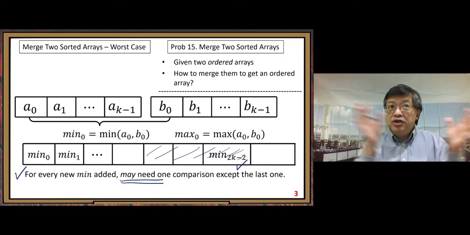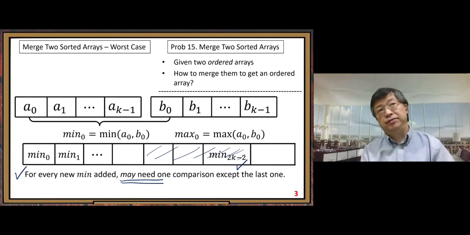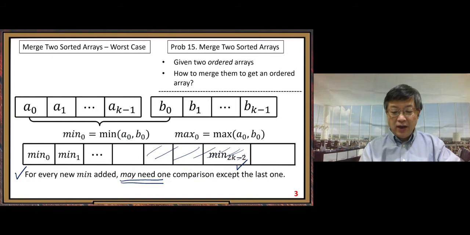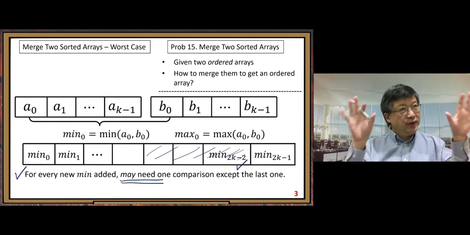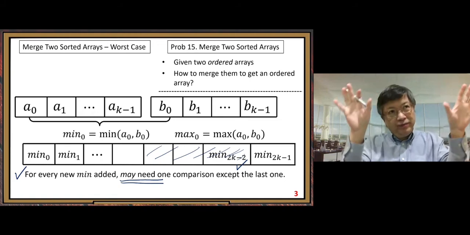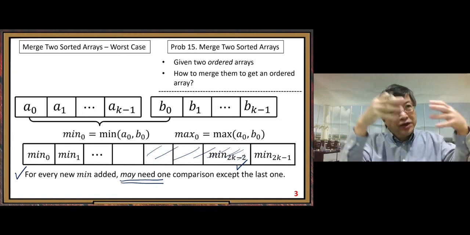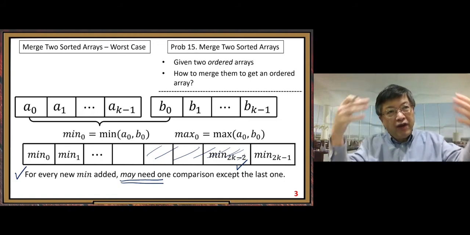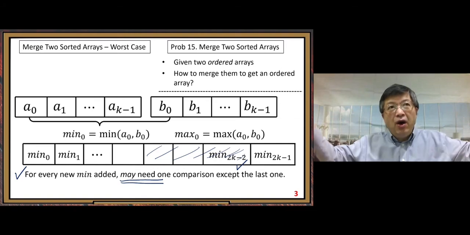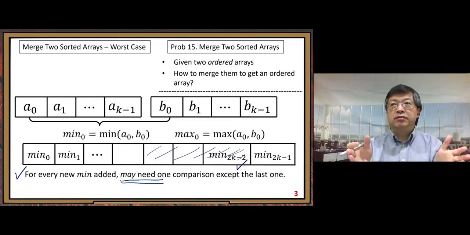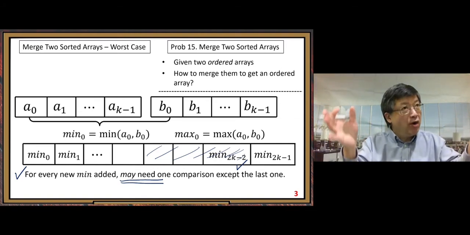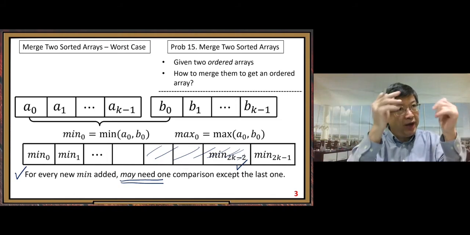And there is a difference between these two cases. So we will see that. We can do comparisons in this way, and finally we get all the elements in place.